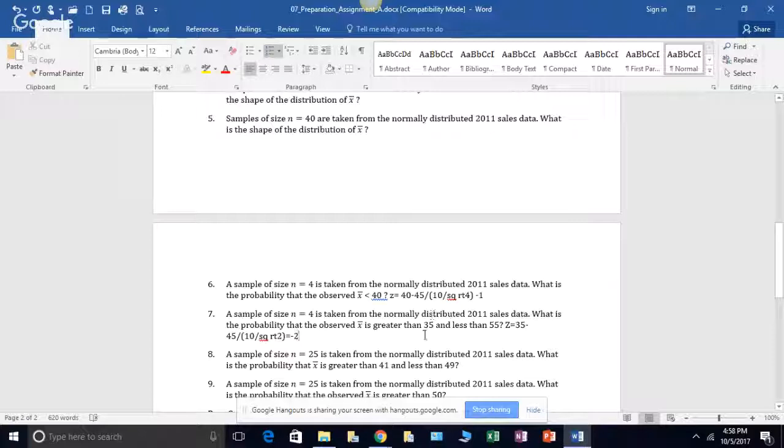And since 45 is in the middle, 55 is the opposite, so we can just assume it's going to be +2, because 55 is the same distance from 45 as 35, but one is negative and one is positive. So the 55 would be +2. So we put that in there.